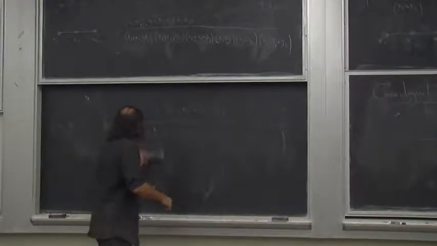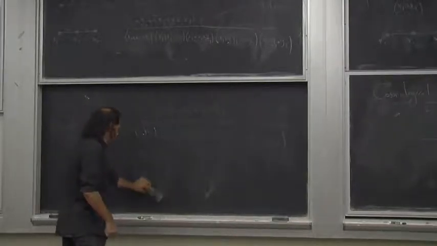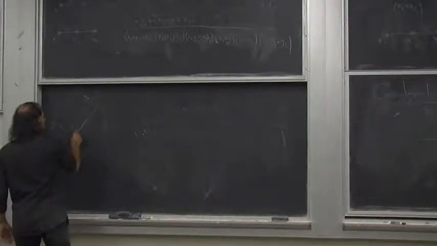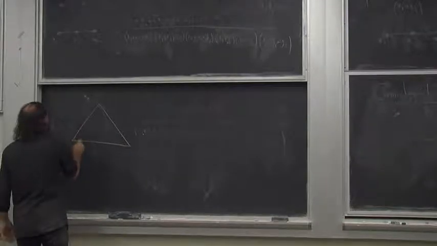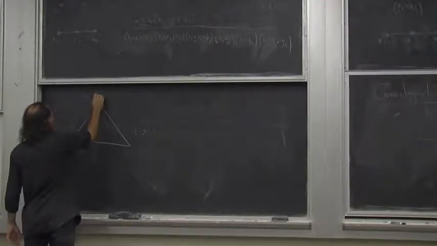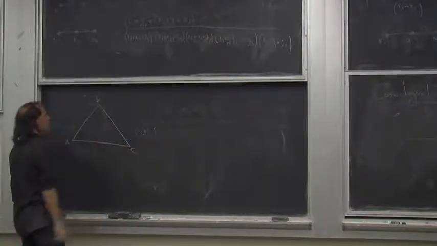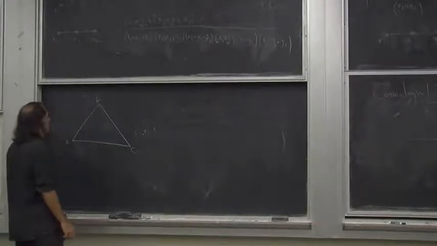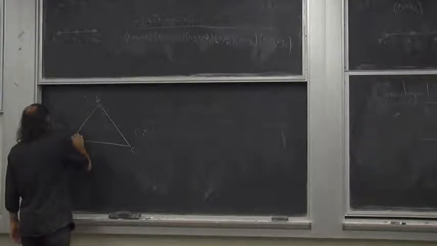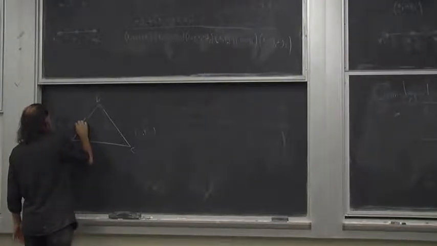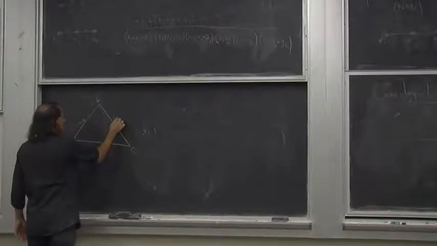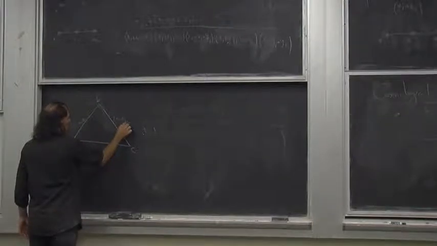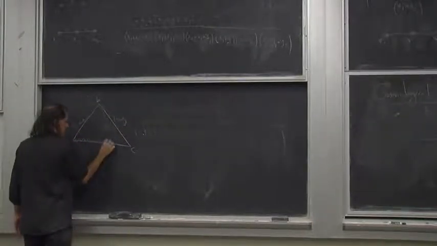But every triangle ABC of this sort is going to have two sides that are friendly and one side that's unfriendly.